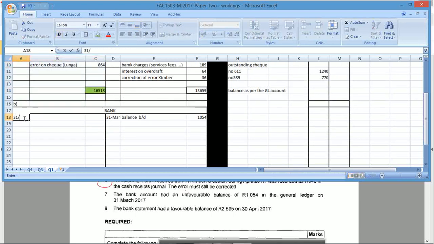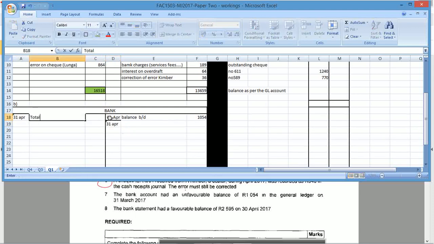What month were we looking at? April. So it's always month end. Yes.